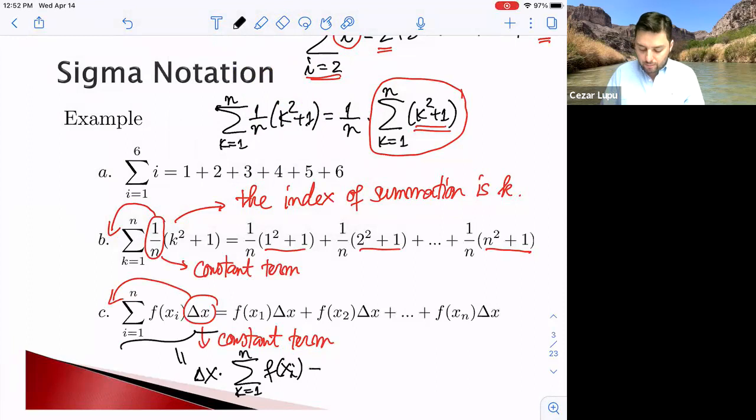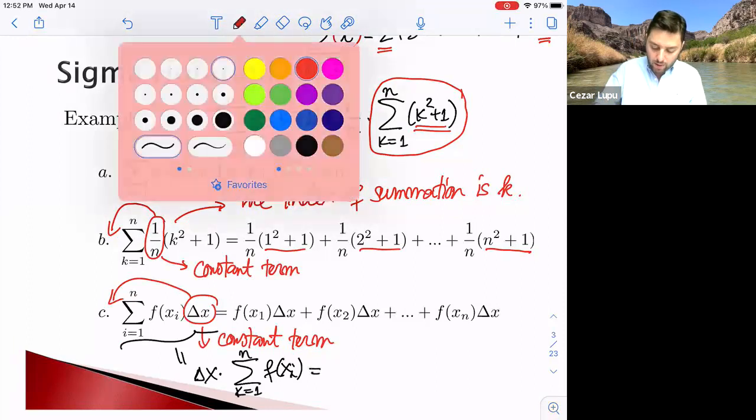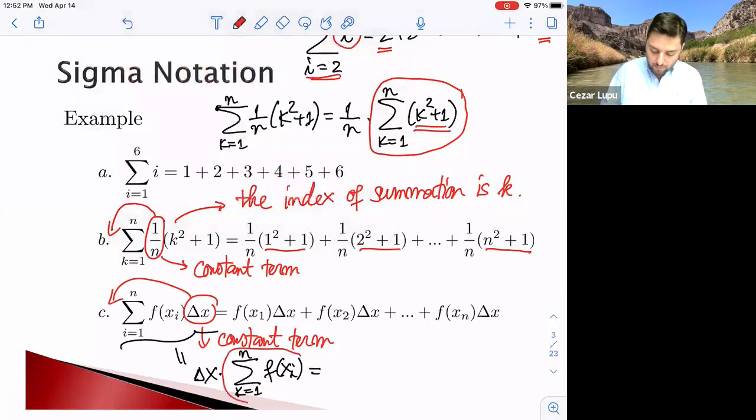And now, if we write this guy here, look at this. This is delta x times, and now this is f of xi. So it means that sum all, wait, what am I writing there? This is not k here, this is i, I'm sorry, the index. Because it's i here, right? You see the index inside.